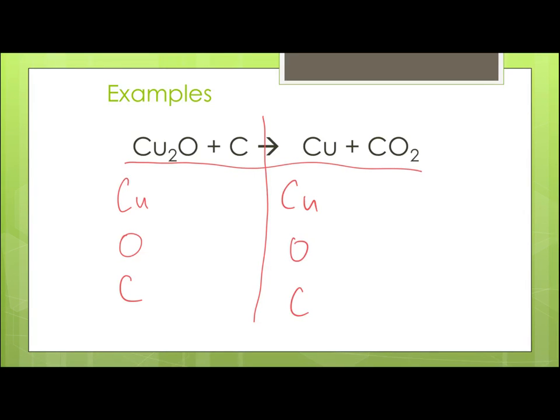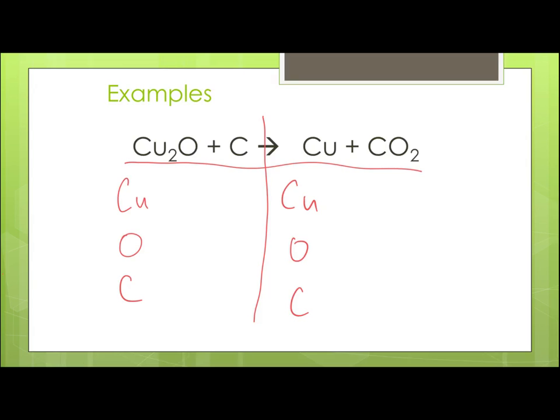Notice that even though the carbon and oxygen have switched places on the right side of my equation, I still keep them in the same order on the left side as I do the right side. This will help later on to make sure that I have the same exact number of each element on the left side as the right side.